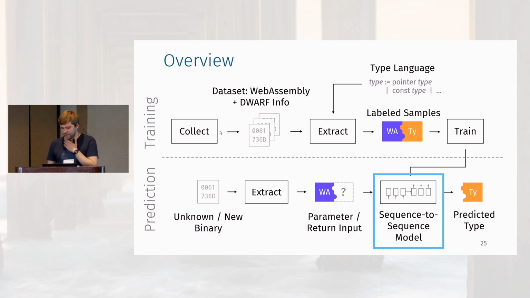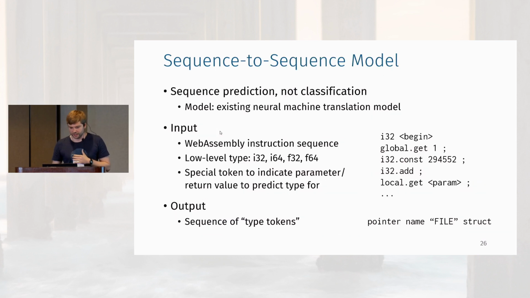Another thing I want to focus on is what this model is actually doing, how it actually works, right? And for that, to be honest, there's not a big deal of innovation in the model itself that we do. So the model is just an off-the-shelf OpenNMT neural machine translation model that takes a sequence as input and produces a sequence as output. But the key point here is that we do produce a sequence as output and not a classification, like in the previous works.